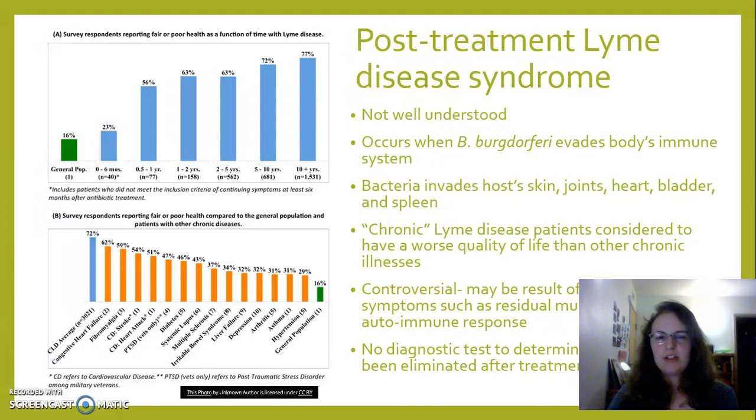Unfortunately, after you have the Western blot test and the ELISA test, and after you're treated for Lyme disease, there is actually no way to be sure that you've killed off all the bacteria. So that's another reason that it's not well understood, because you could still have bacteria hiding latent inside of you somewhere, and they could reemerge years later in this post-treatment form.